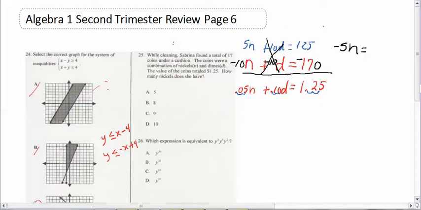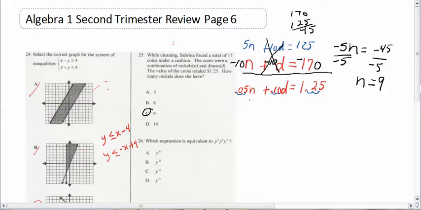And then I have 170 minus 125, and that's 45, so it's -45. Divide by -5, divide by -5, and I have n is equal to 9. So I found out that we have 9 nickels.